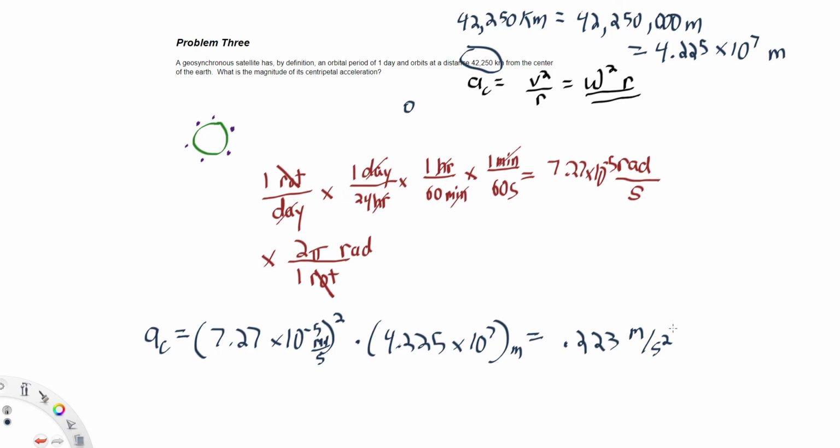This is quite small, right? Acceleration due to gravity on the Earth is 9.81 meters per second squared. So this is like 2% g. So 2% g, that's how much gravity you would feel if you were orbiting in a geosynchronous orbit.